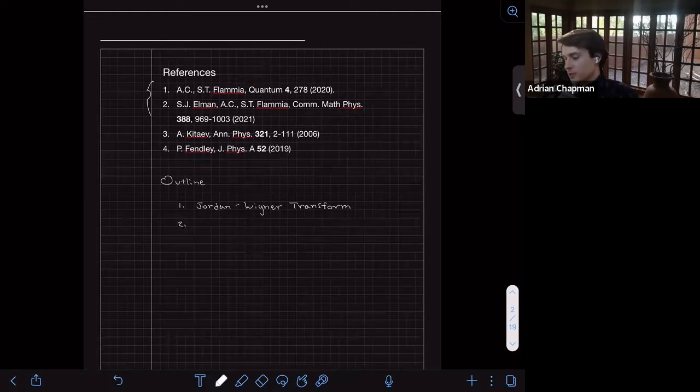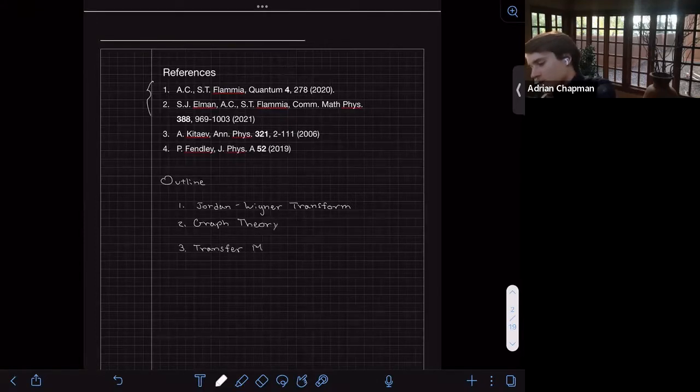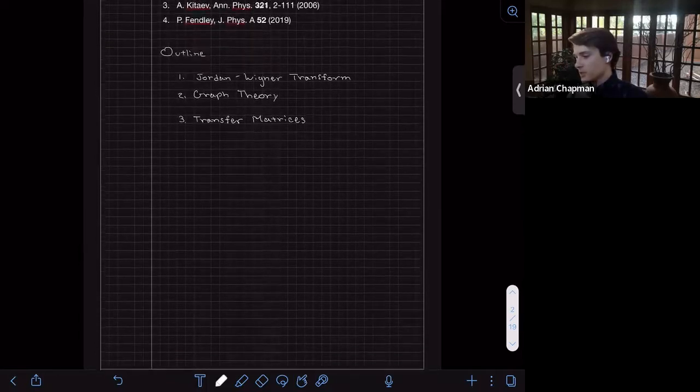The second thing I'll talk about is more of a deep dive into the graph theory. And finally, I hope to speak about transfer matrices, the transfer matrix method for solving these systems, and how it seems to have an interesting connection to graph theory as well. And then if there's further time, we can go through some examples.